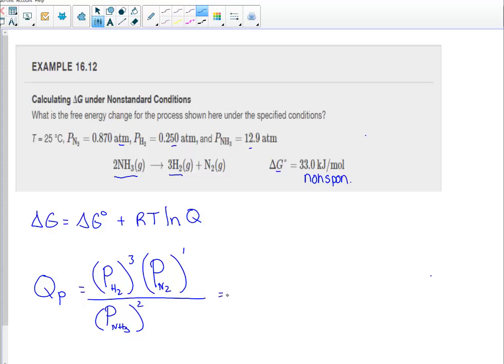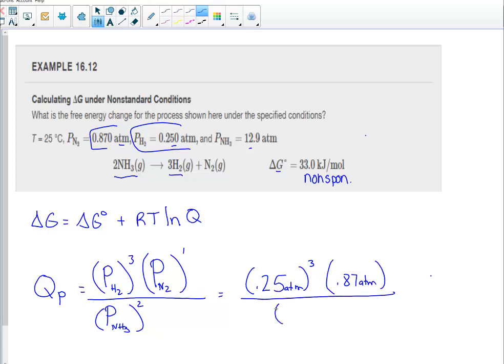Well, let's plug those in. The partial pressure of hydrogen, 0.25 atmospheres, needs to be cubed because the coefficient in front of hydrogen is a 3, times the partial pressure of nitrogen, which is 0.87, all over the partial pressure of ammonia, 12.9 atmospheres.